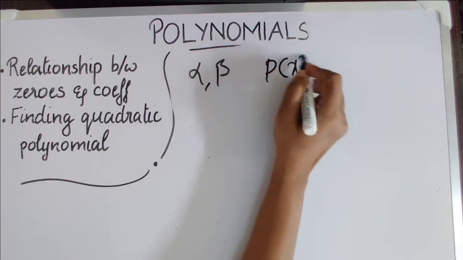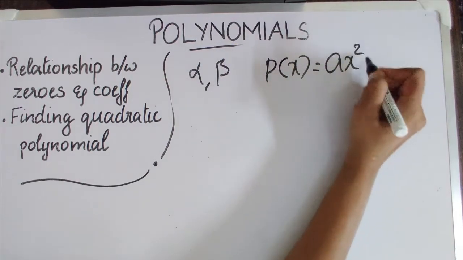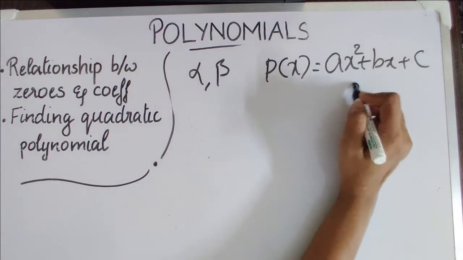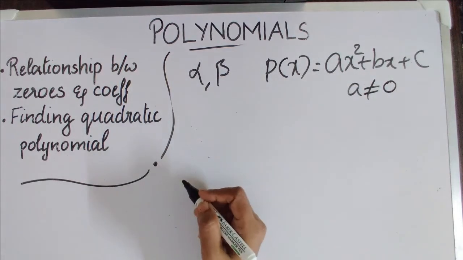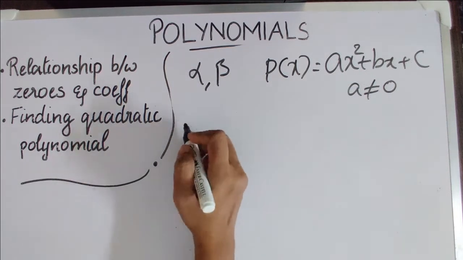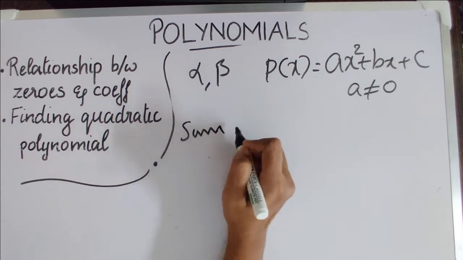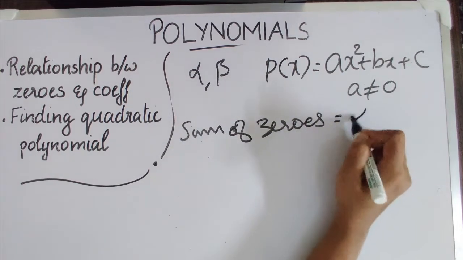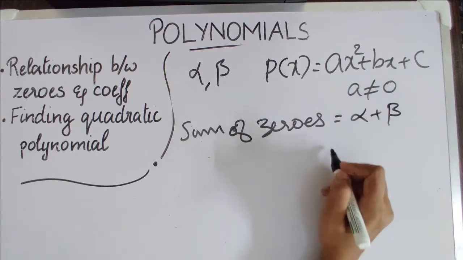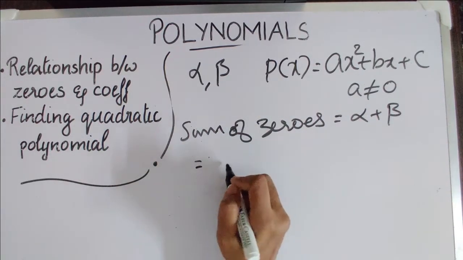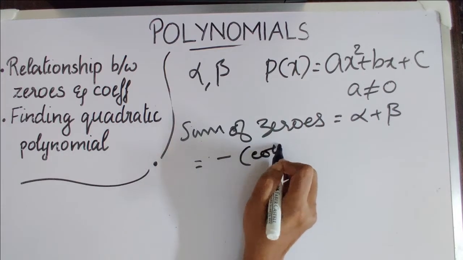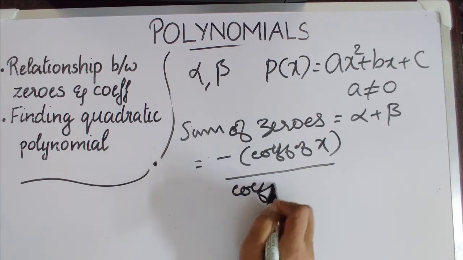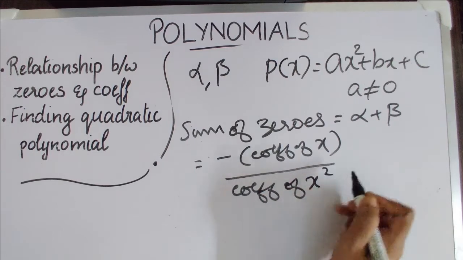So in general we can say that if alpha and beta are the zeros of the quadratic polynomial p(x) equal to ax square plus bx plus c, where a not equal to 0, then the sum of zeros, alpha plus beta, equal to minus of coefficient of x divided by coefficient of x square.